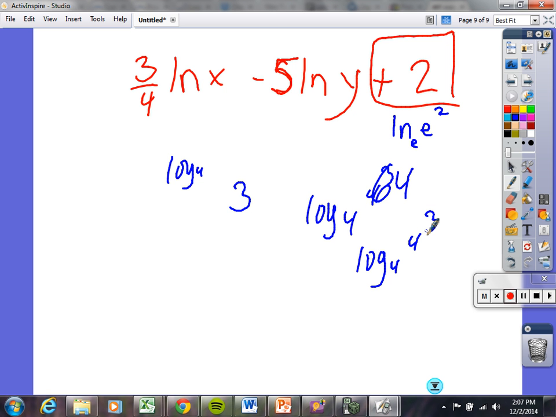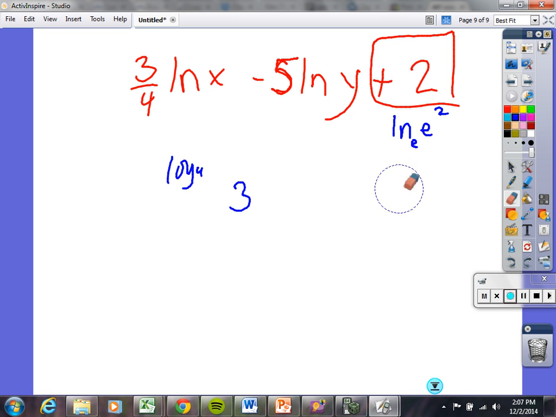Does that make sense? Because if you put the x like we did on number 2's bell quiz, we go 4 to the x equals 4 to the third, and x would have to be 3. Does that make sense what I'm trying to say? So all you got to do is find the base, do the base, and then whatever the number is. Does that make sense? You okay?